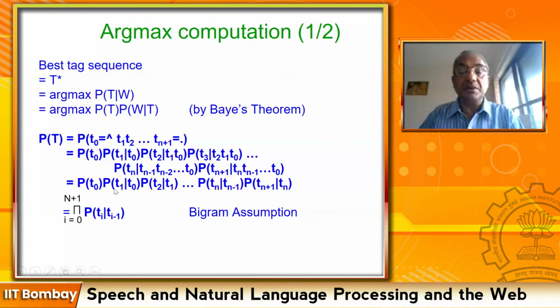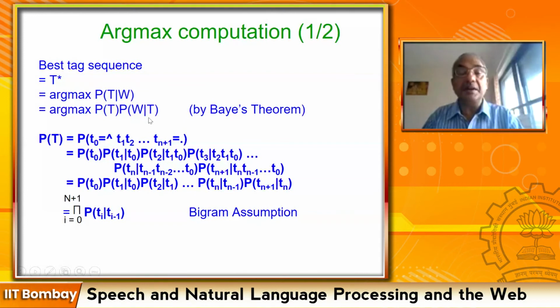You have probability of T0, then probability of T1 given T0, T2 given T1. This was actually T2 given T1 and T0. This is by the law of probability, the chain rule. But I'm ignoring T0 because T2 is affected only by T1. That is my Markov assumption. So you have a product of probabilities in the form of bigrams. Probability of Ti given Ti minus 1. That was the prior probability part.